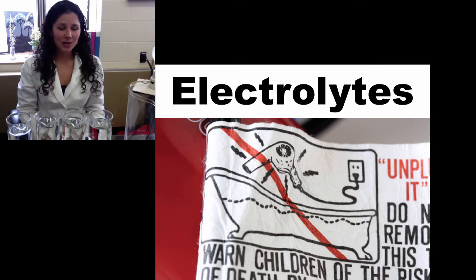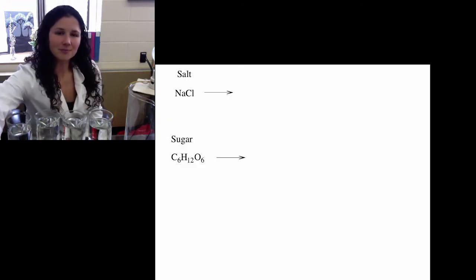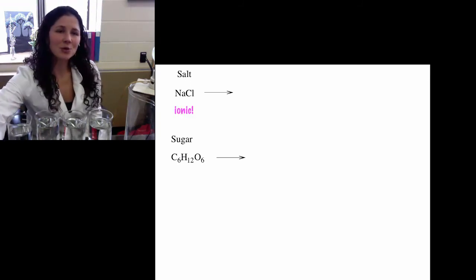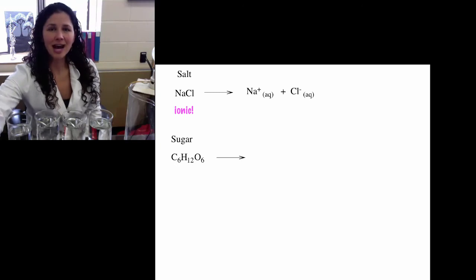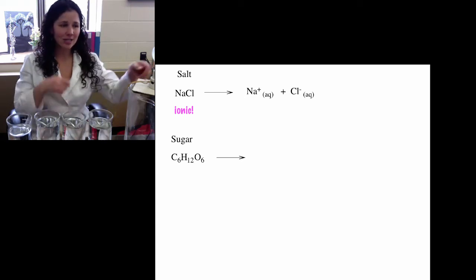All right, so now let's talk about how to make these water solutions conduct electricity. If I add an electrolyte, something like sodium chloride, which is ionic, I will end up getting positive and negative charged ions in solution. These are the things that conduct electricity.